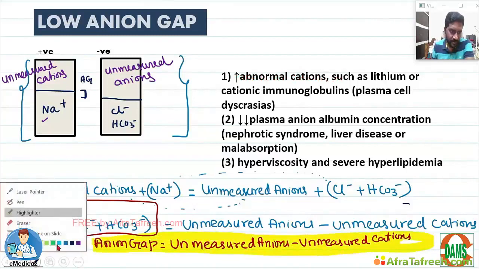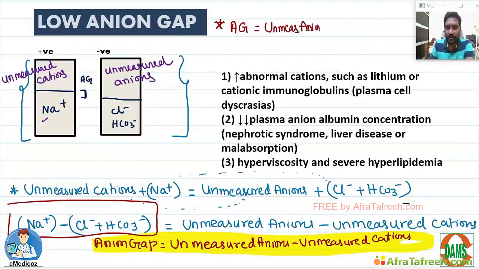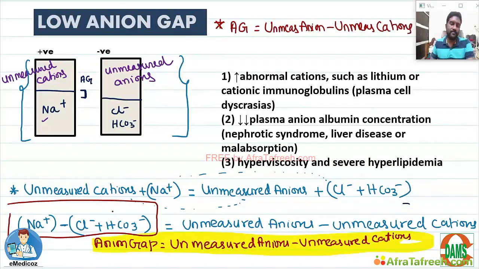So here we are discussing what are the causes of low anion gap. So we have understood anion gap is equal to unmeasured anions minus unmeasured cations. So when will anion gap decrease?